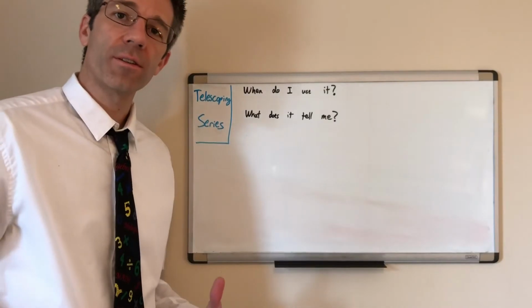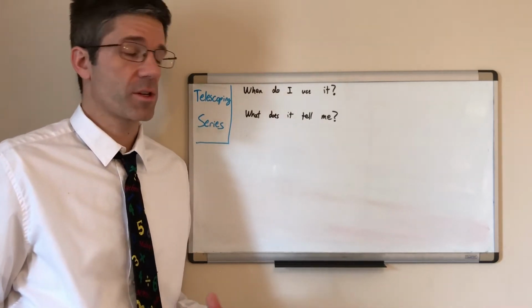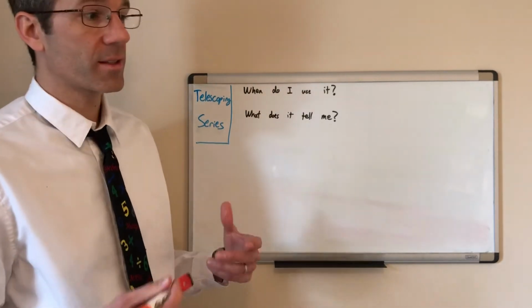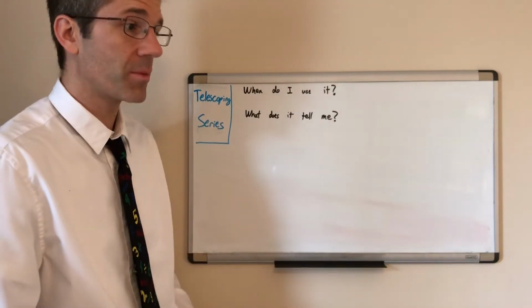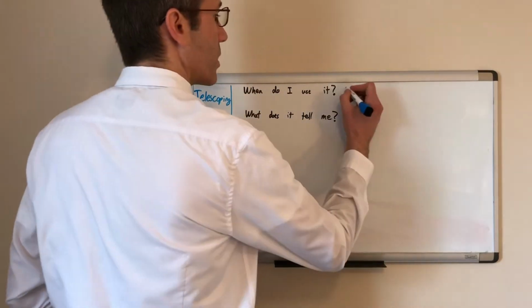There's a very obscure type of series that is not even mentioned in many calculus textbooks, but I think it's worth a mention. So it's called the telescoping series, and I will use it when the series has terms or parts of terms that consistently cancel. So let me write that down for you. When do I use it?